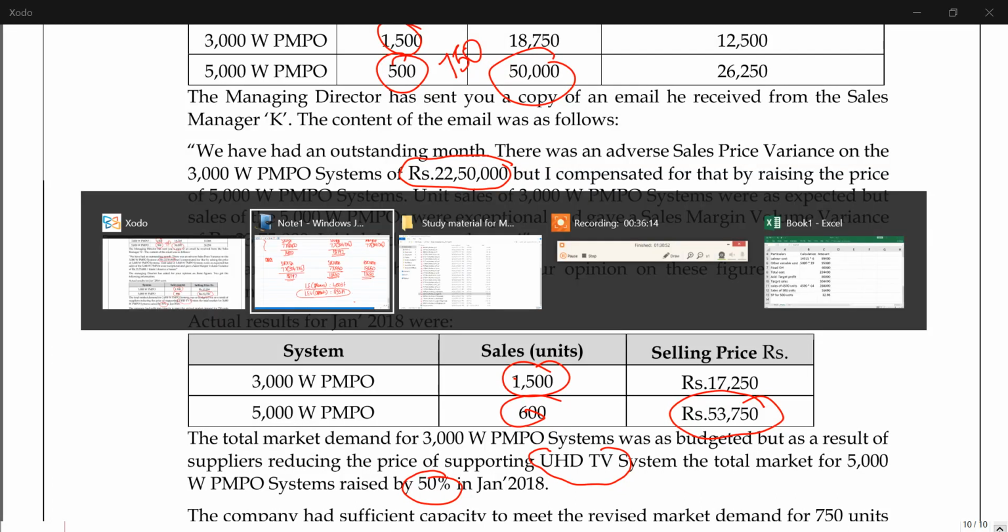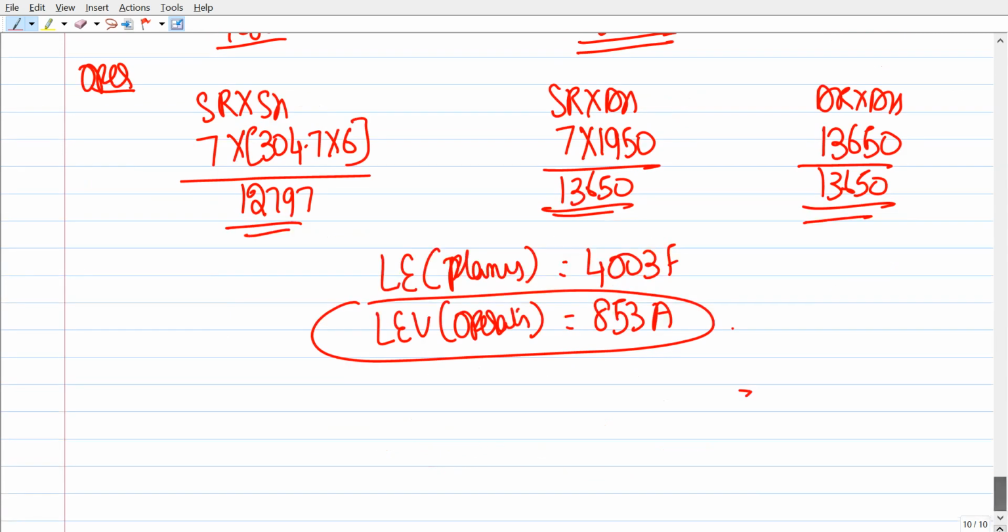Working note 1, calculation of planning variance. They have not asked for planning, they have asked only for operating, but we'll do both.